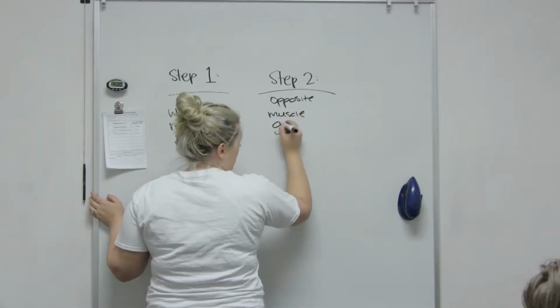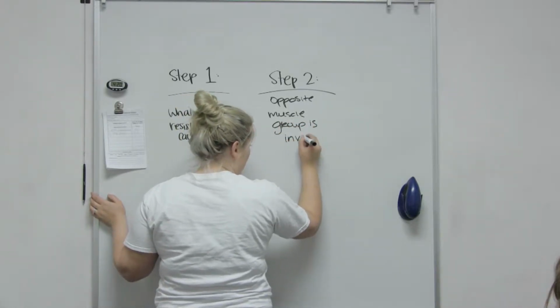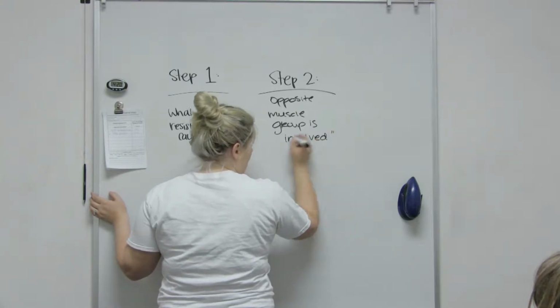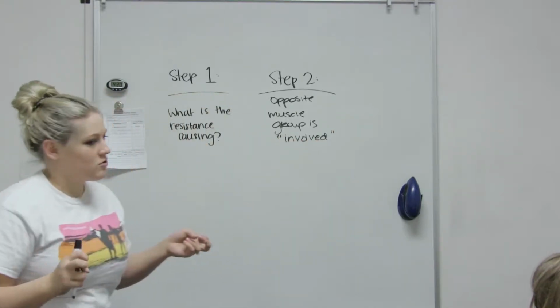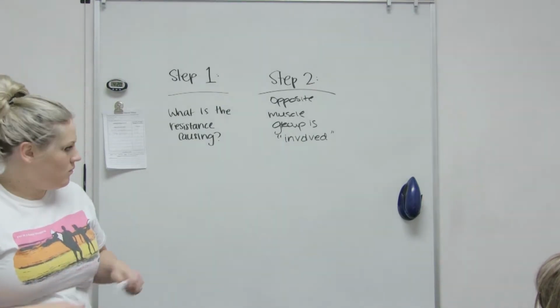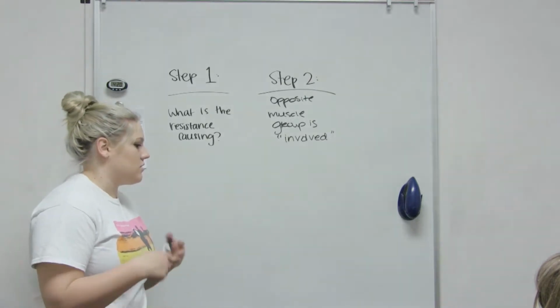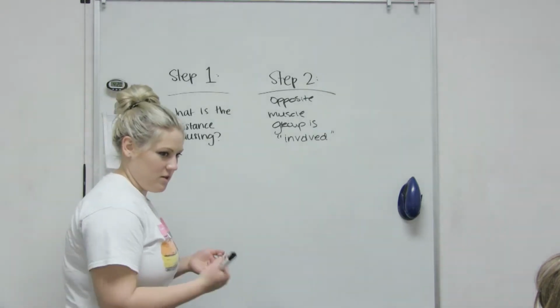Perfect. When we talk about involved, that just means that is the muscle group that is doing the action. So we use this 2-step process anytime we're trying to figure out what muscles are actually moving or doing the movement.